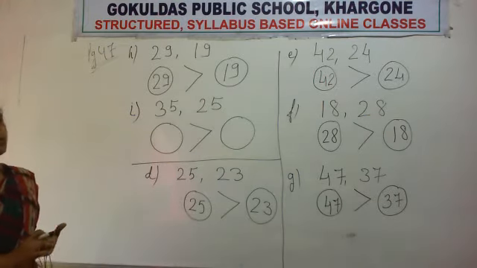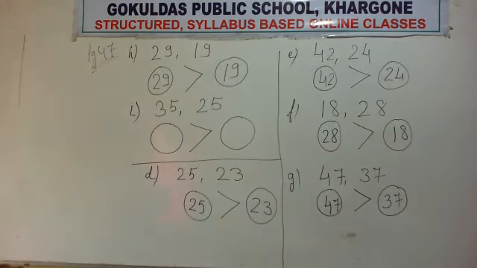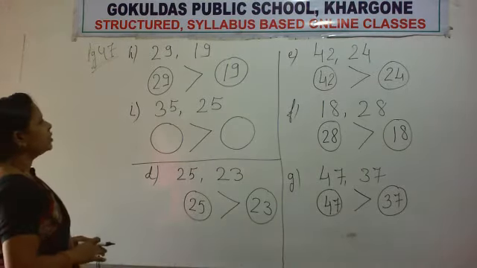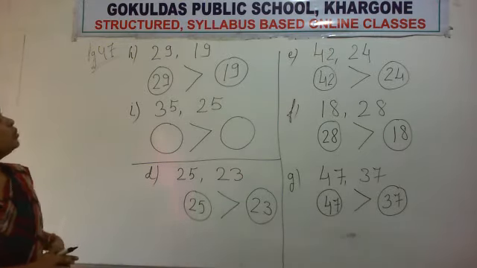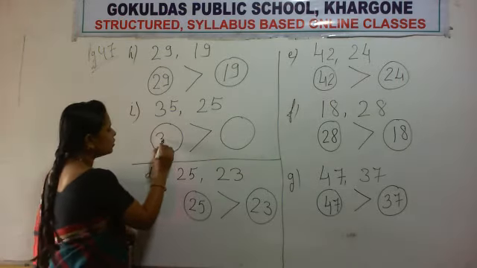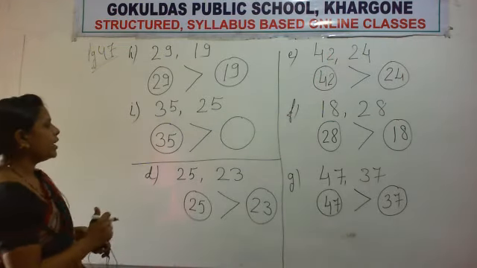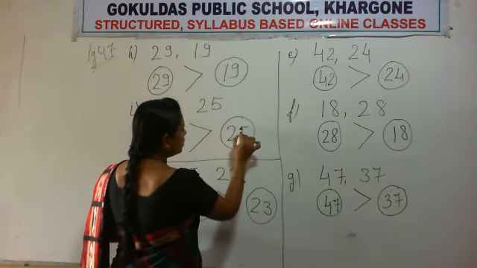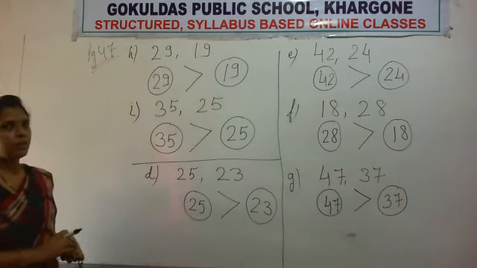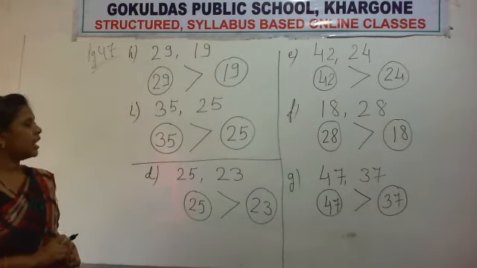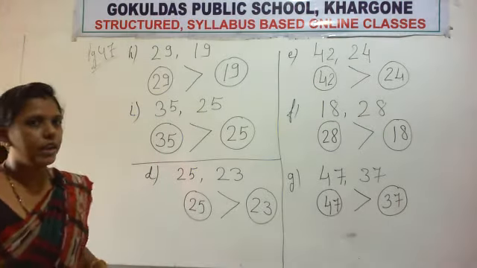We have to identify which number is greater, which number is bigger between 35 and 25. So 35 is the bigger number. Write 35 in the left circle and 25 in the right circle. And how do we read this statement? 35 is greater than 25.